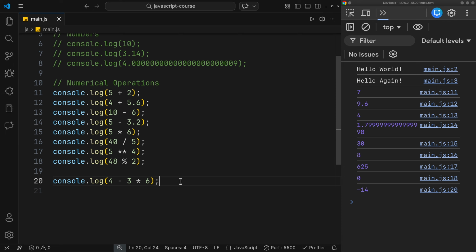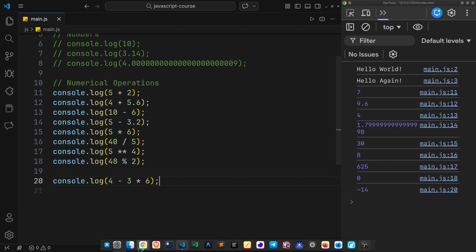The order of operation basically follows the mathematical order of operation, which is denoted by PEMDAS. So parentheses, exponentiation, then we have multiplication and division, then addition and subtraction. So it follows the PEMDAS rule.